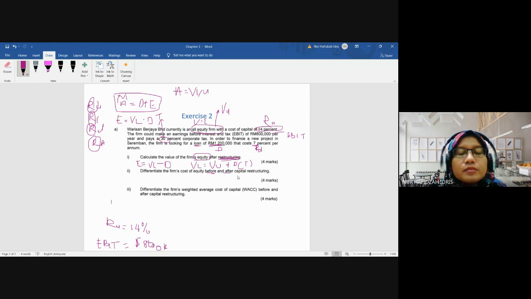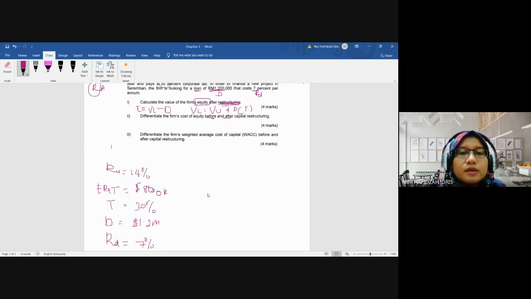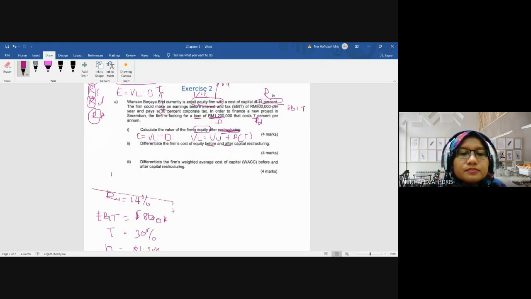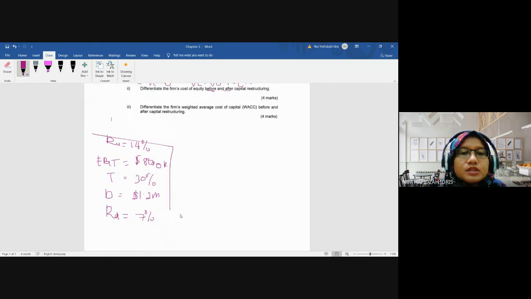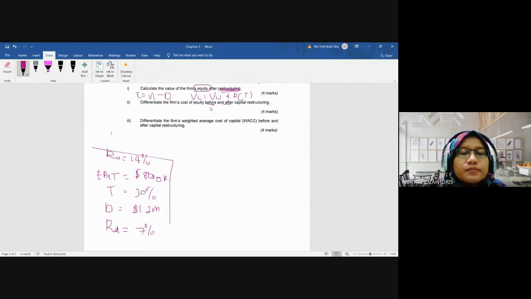When we talk about the cost of capital, the firm's cost of equity before and after capital restructuring.